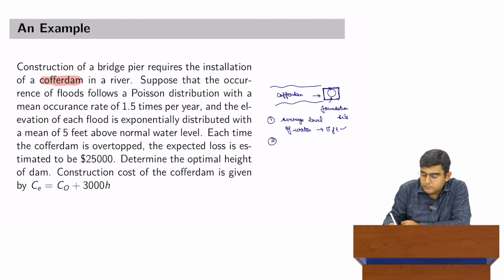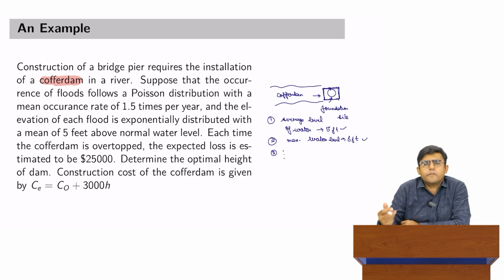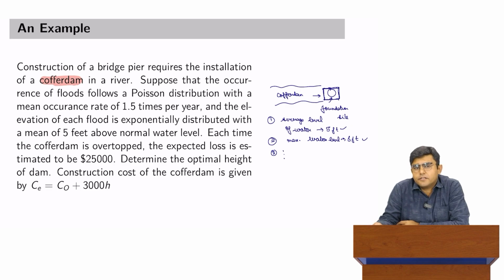Or we take what was the maximum water level in last monsoon. Let us say it was 6 feet, and design for that. And there can be n number of decision points that we can take. However, what is the confidence around choice of 6 feet or 5.5 feet or 5 feet? That is where this probability would come into picture.